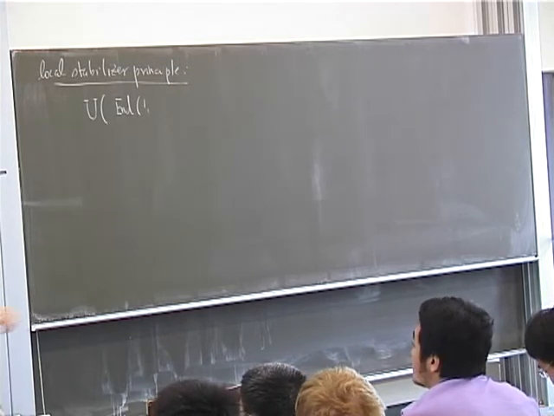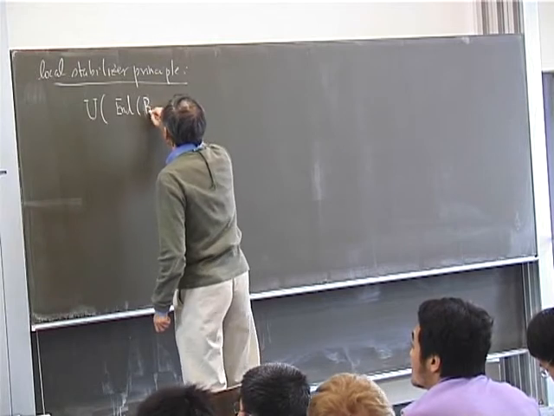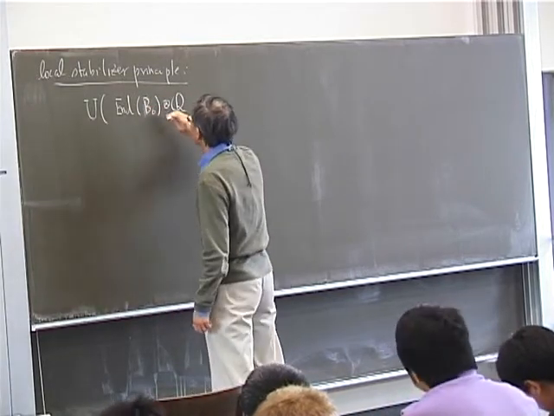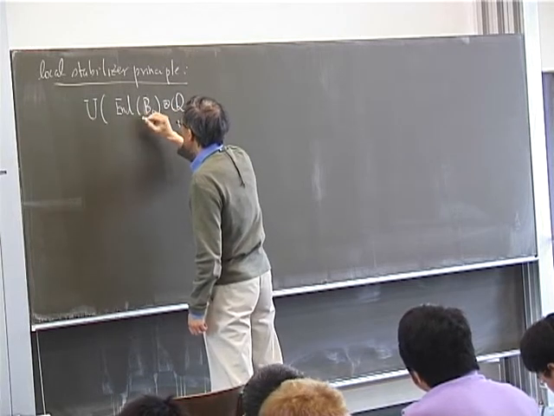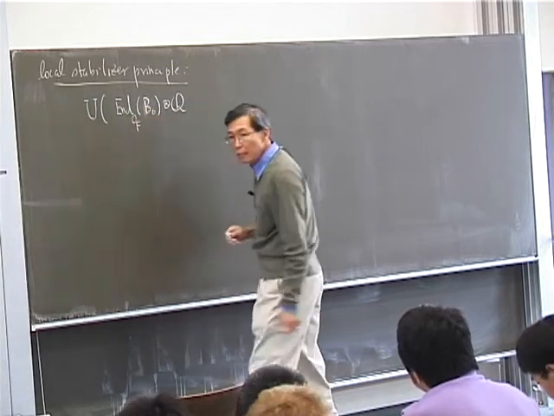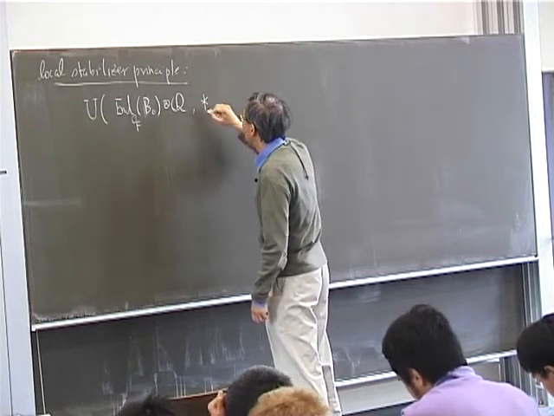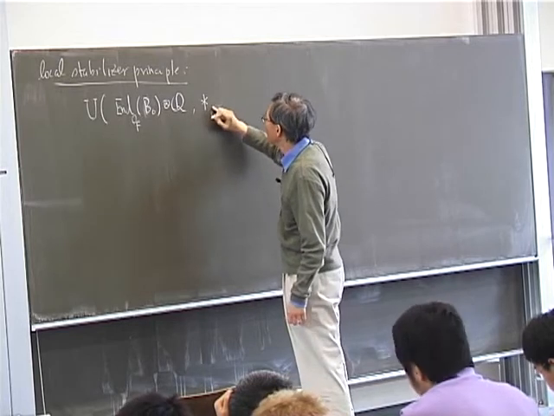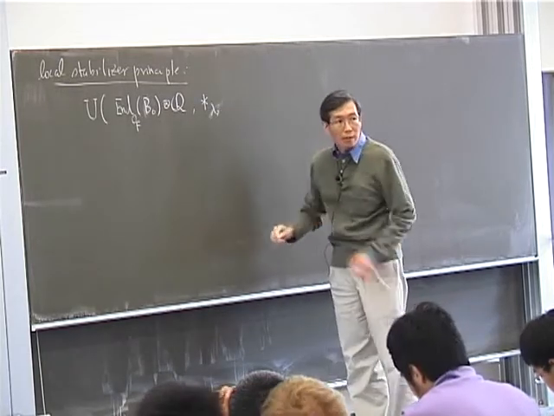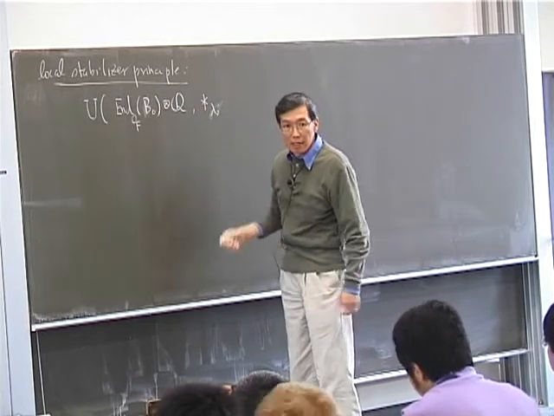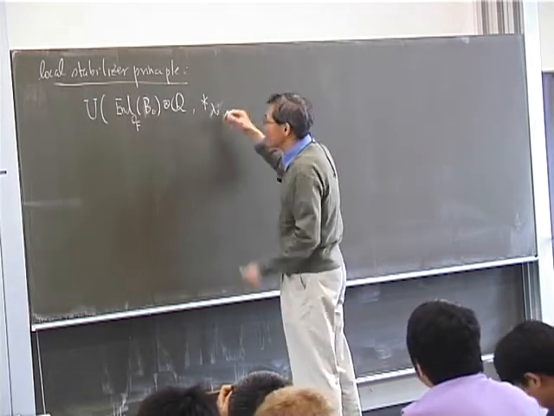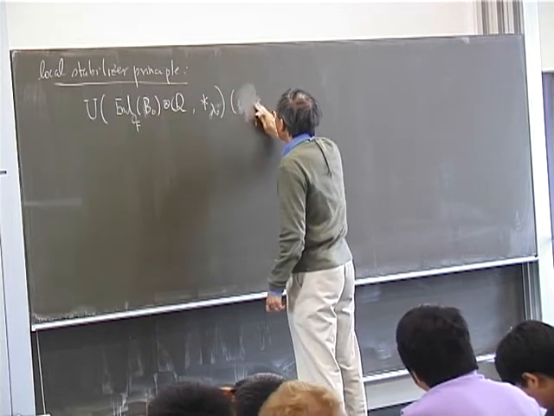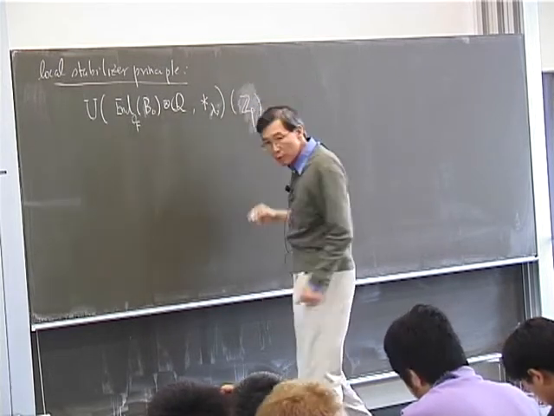So please, B0 tensor with Q, and linear. And then we have the involution attached to any of the polarizations there. They are all the same. I'll just write ZP with a grain of salt.